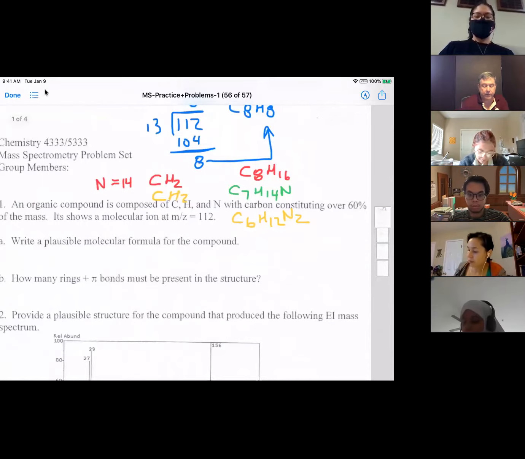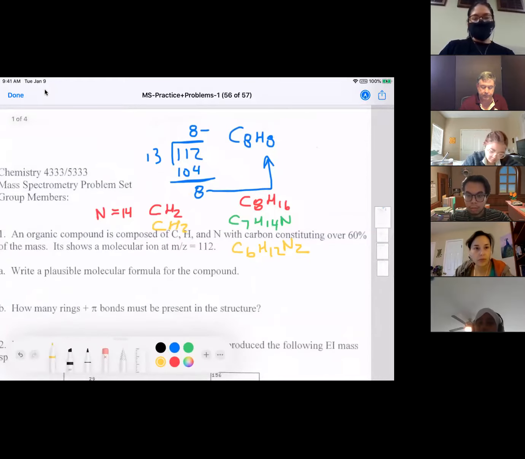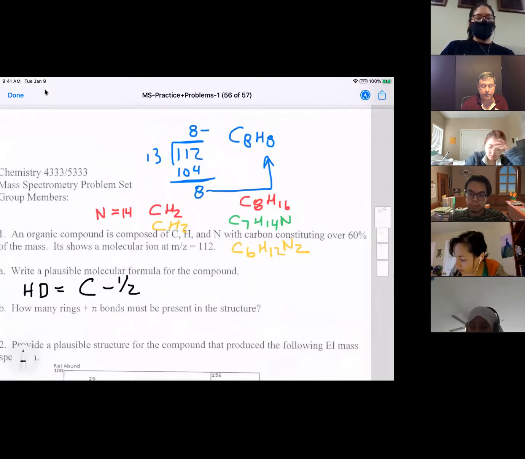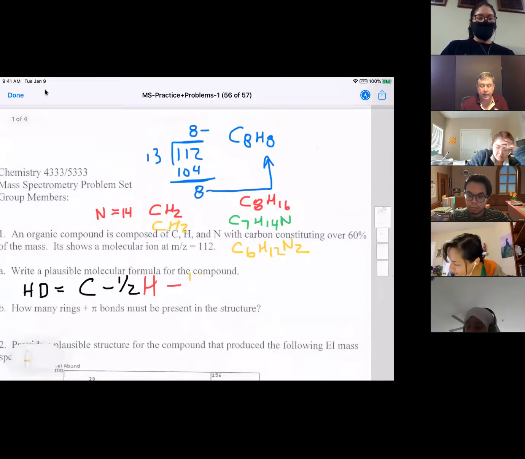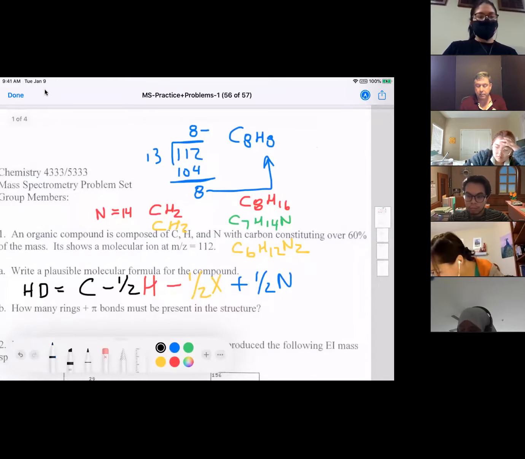So by knowing what our hydrogen deficiency index equation is, where hydrogen deficiency is equal to carbon minus 1/2 of the hydrogens plus minus 1/2 of the halogens, which we don't have any, so that'll be good, plus 1/2 of the nitrogens plus 1.